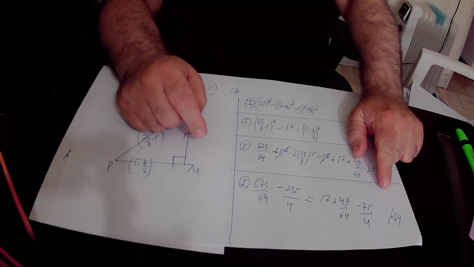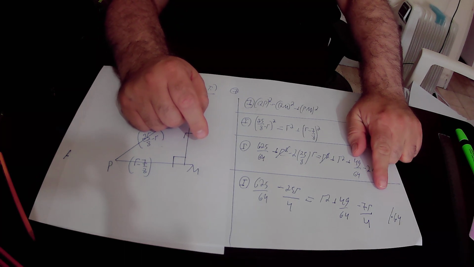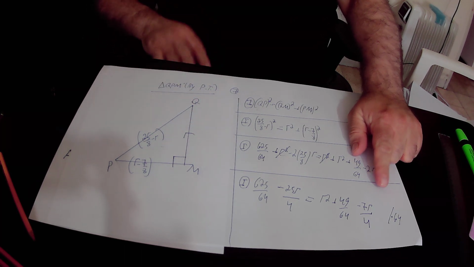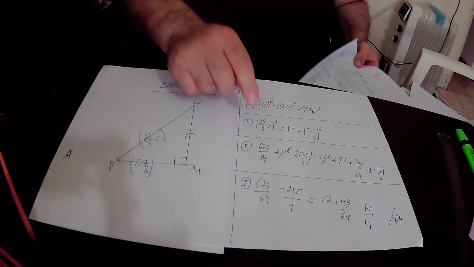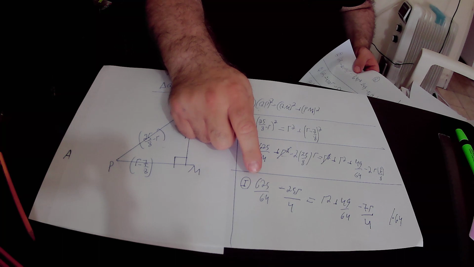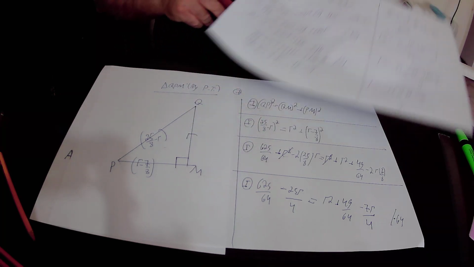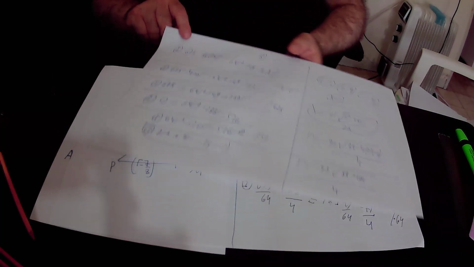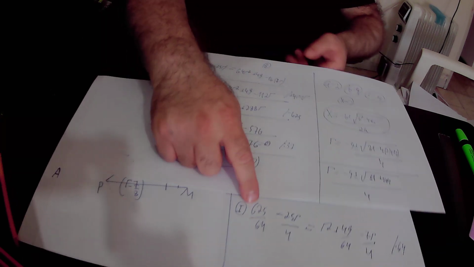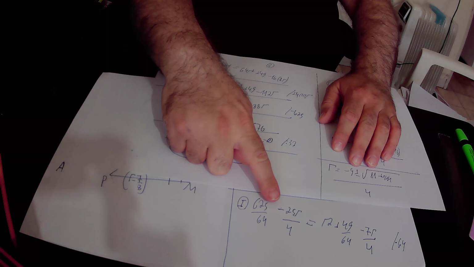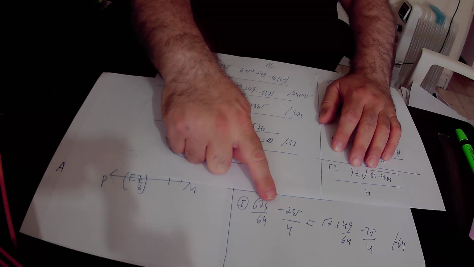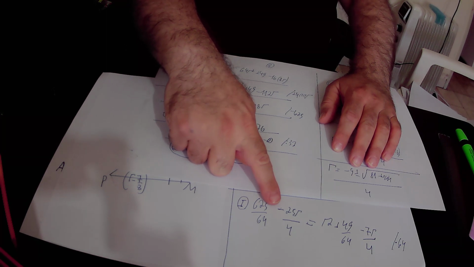We multiplied equation number 1 by 64, and we found that 625 times 64 over 64 equals 625. Here we have minus 25r over 4 times 64, and 64 over 4 is 16.